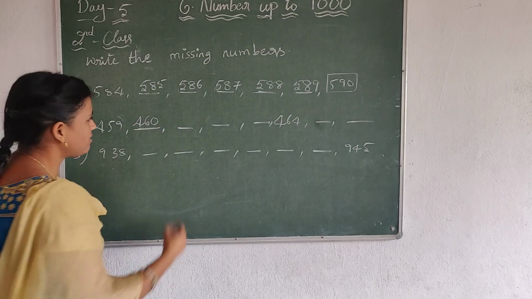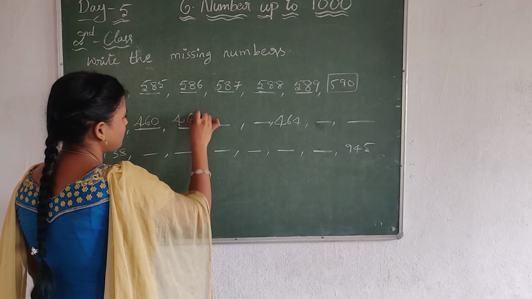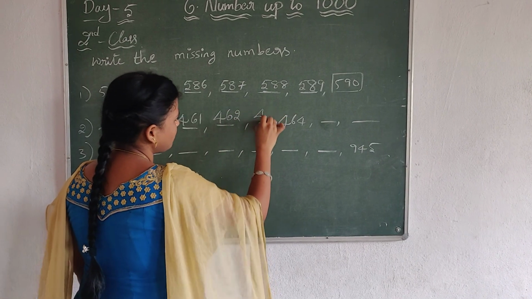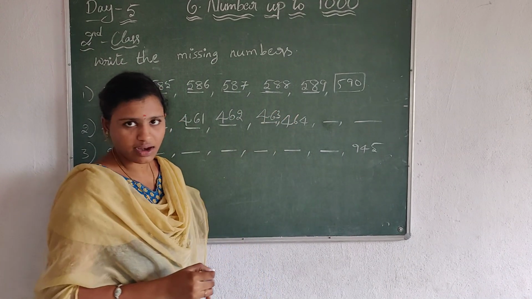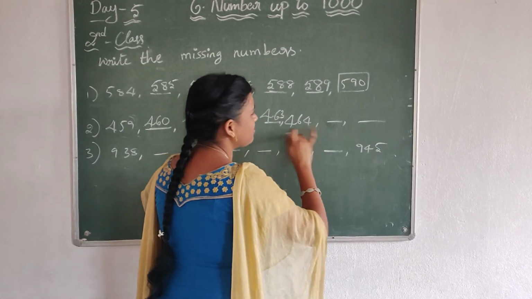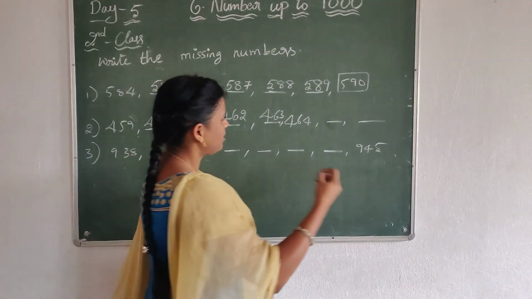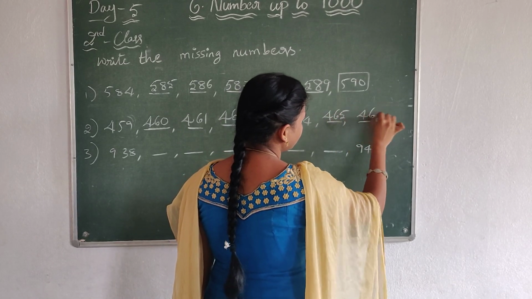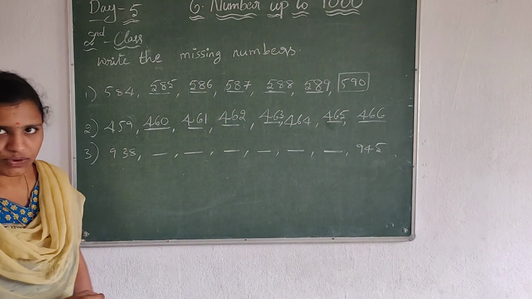Okay, what next? 461, 462, 463. Is it clear? What next? 464. It's right. Next, 465, 466. Understood, all of you?